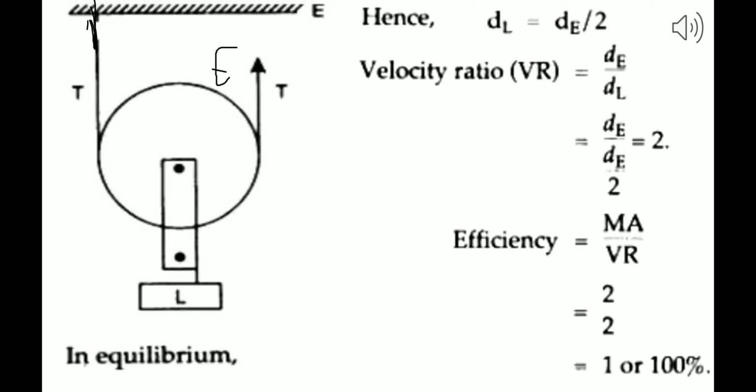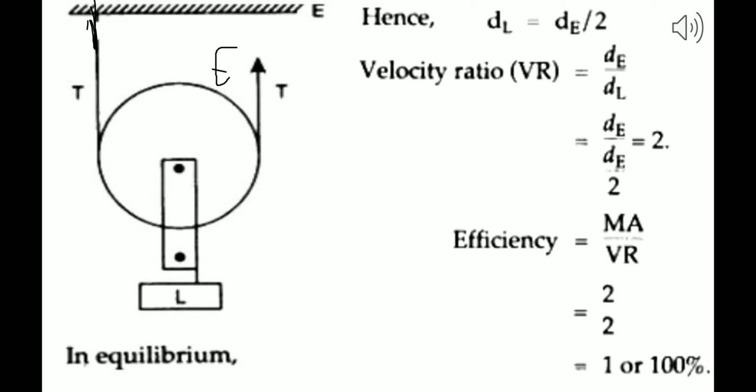Now see, if the load is moving by x distance above, that means the string on the left and right both are moving x distance above, as the whole pulley is moving x distance above, isn't it? Now, x distance on the left plus x distance on the right. So that means the effort will move twice the distance that the load is moving, isn't it?